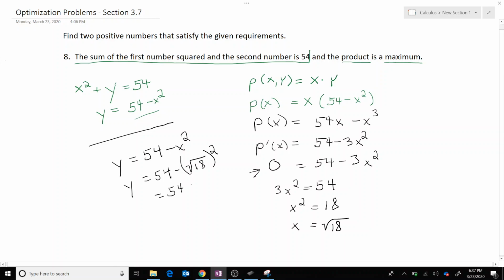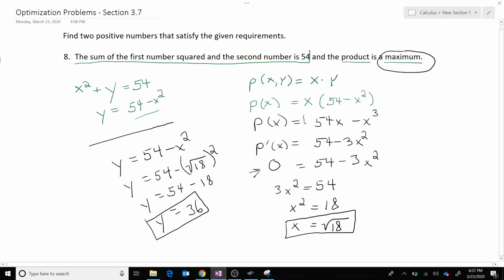Well, if I take the square root of something and I square it, I get whatever that something is. And so y ends up equaling 36. So when x is equal to the square root of 18, y is equal to 36, and that is when we actually have a maximum.